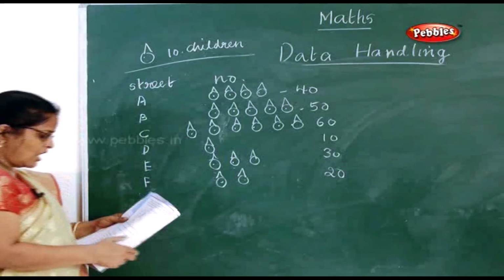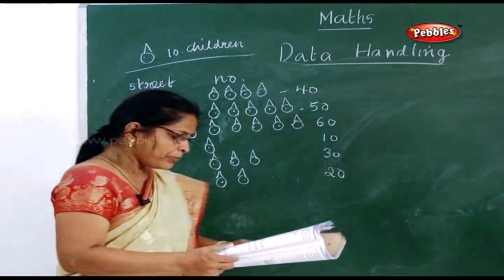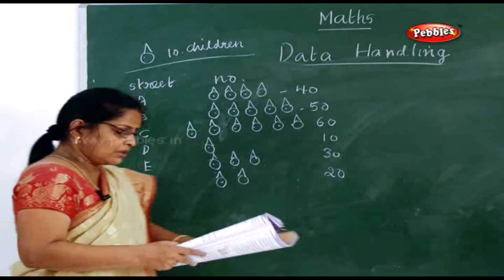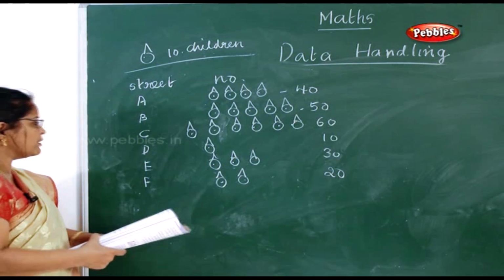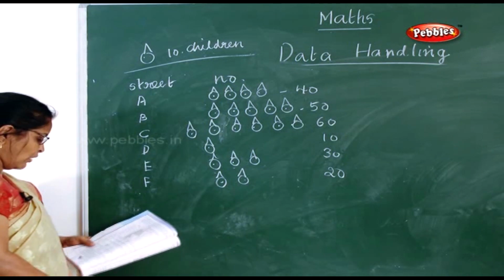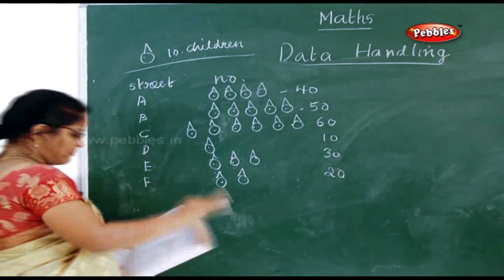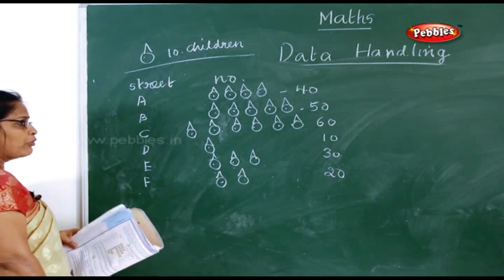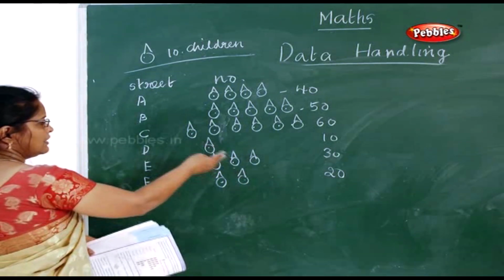Is it clear? Now, what is the question they asked? The maximum number of children administered the polio drops were from which street? From which street did the maximum number of children have polio drops? Can you tell me from this?